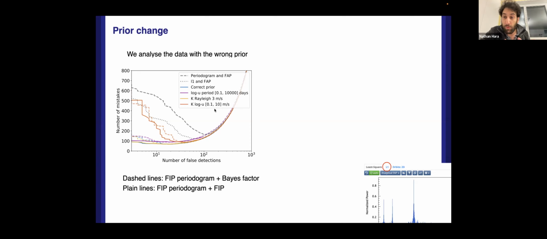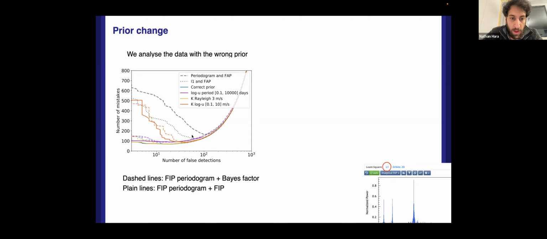But in real life, you don't know what is the true statistical distribution of exoplanets. So I'm generating the data set with a certain prior, and I'm analyzing it with another one. And here you see, by the different colors, that just by changing the prior, the number of mistakes compared to the nominal model, when I have the priors right, can rise pretty high.